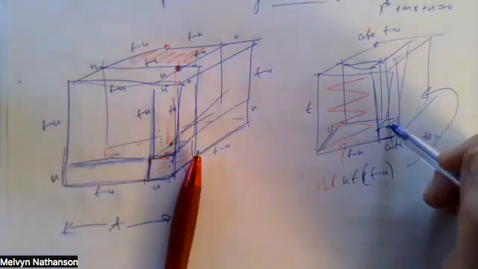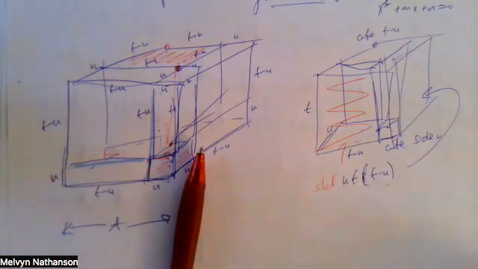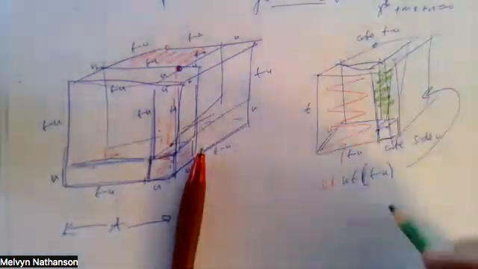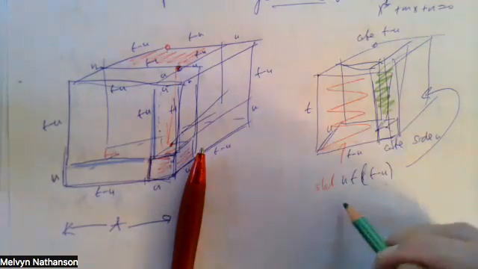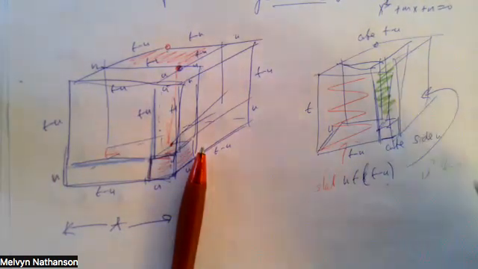And sitting on top of this little cube is another slab, this green slab. The base is u squared, and the height is t minus u.